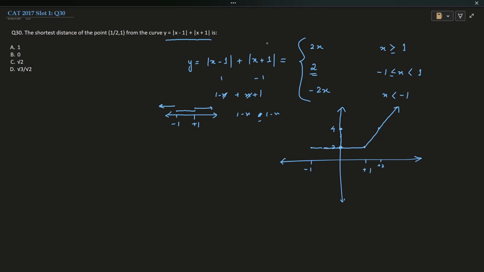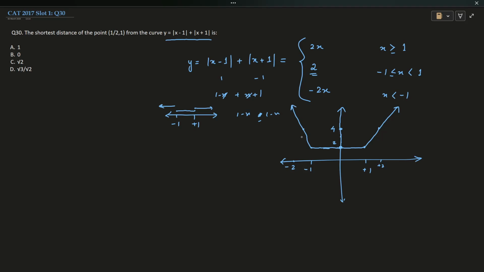This is the straight line. And when x is less than minus 1, I am having minus 2x. So if I put x equal to minus 2, I will get 4. This point only.